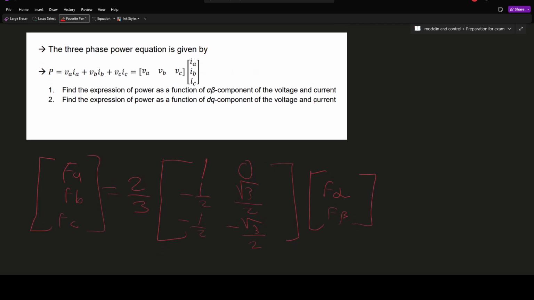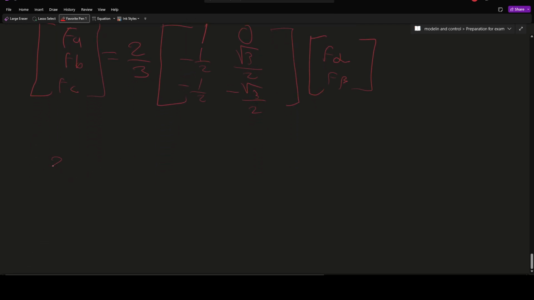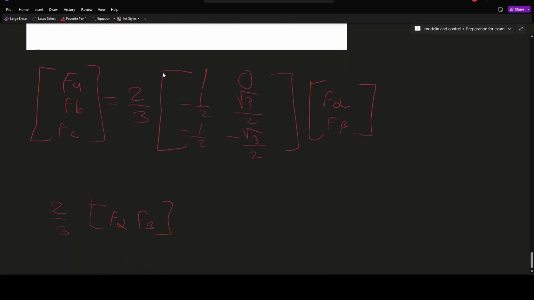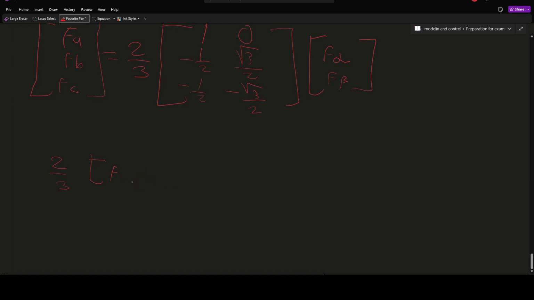So if we apply this to the example that they are giving us here, then we can say that 2/3. Now we are gonna transpose this to have it just as they have it in the exercise. Here they have it like this. Okay, and I'm gonna write it better as voltage phasors. So this is the alpha component, this is the beta component, and then we multiply by the transpose matrix.